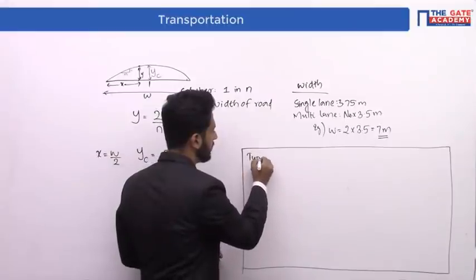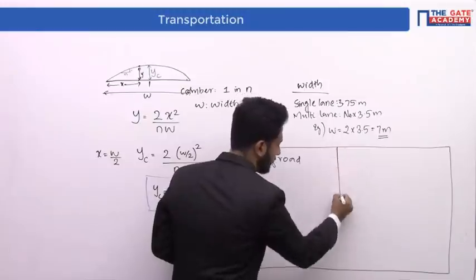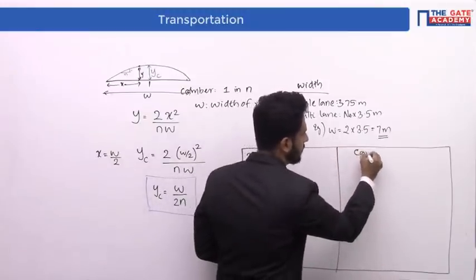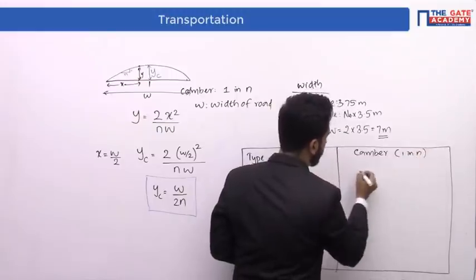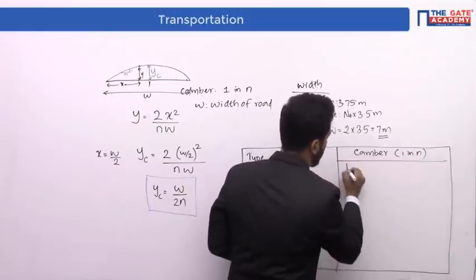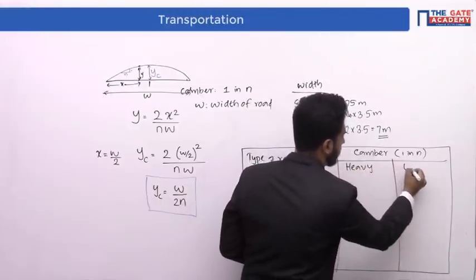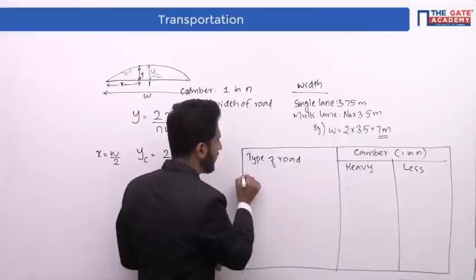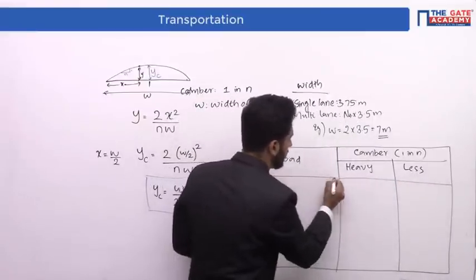For different types of road, we have different values for camber. Camber we represent as 1 in N. What is the value of camber for heavy rainfall, and what is the value for less rainfall areas?